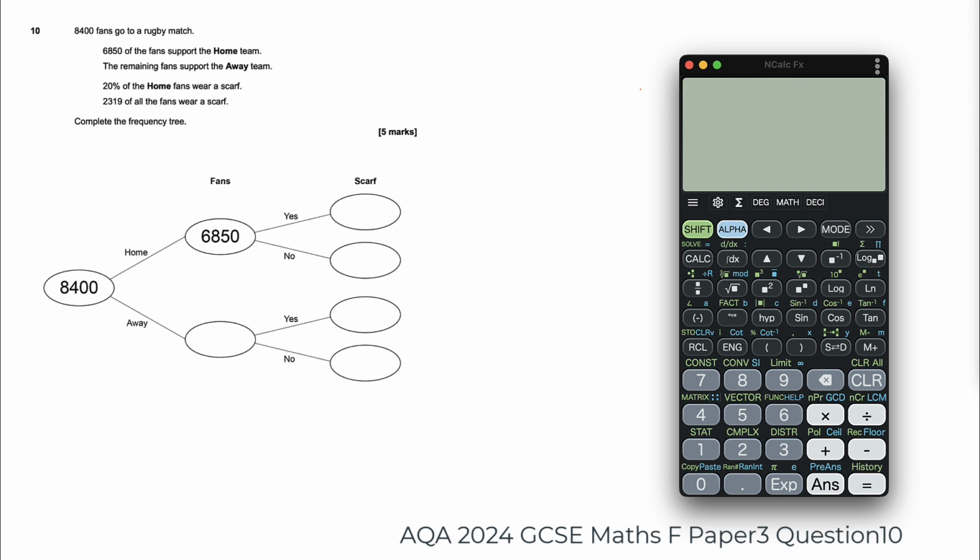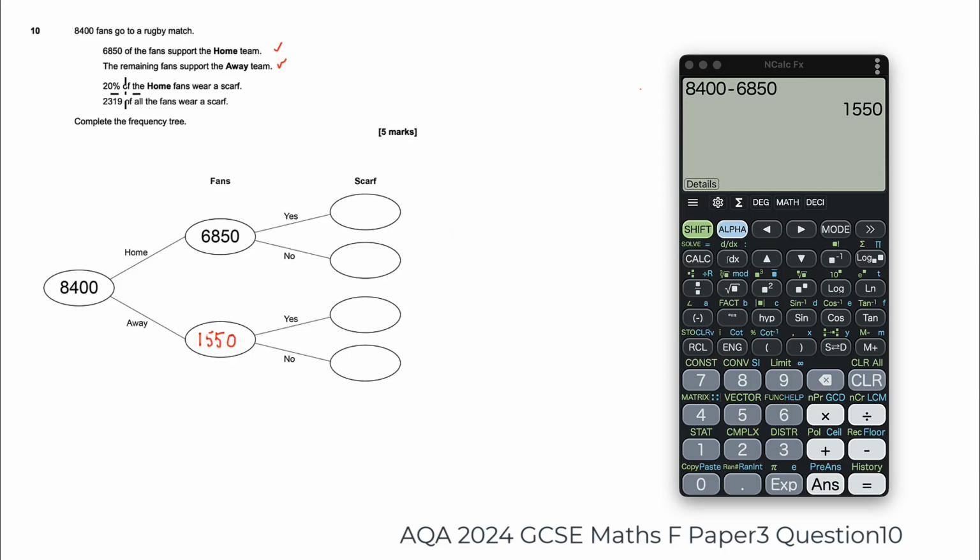We'll take 8,400 and we'll subtract 6,850 from that. And there we get 1,550. So in here, 1,550. So we've used these two pieces of information.